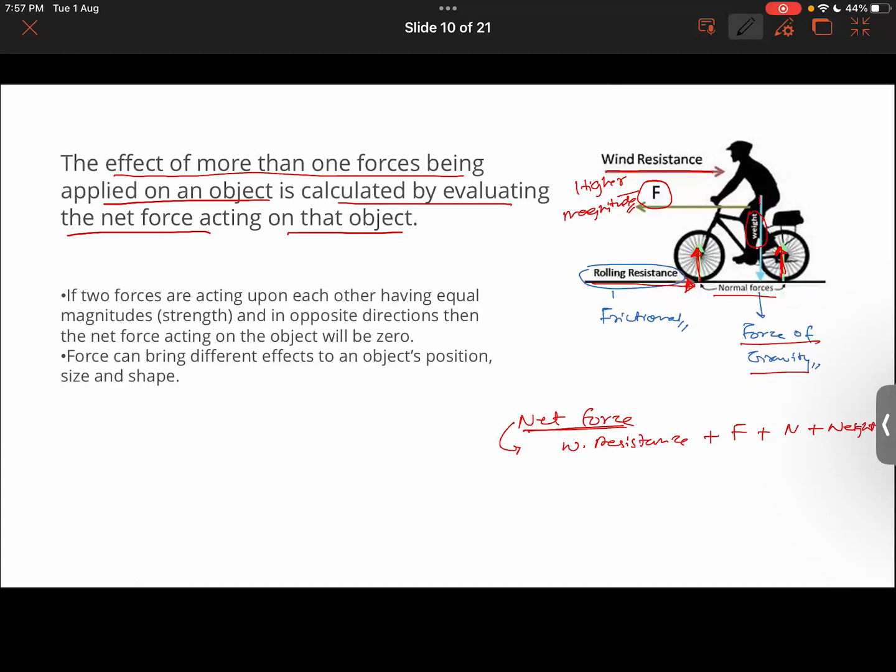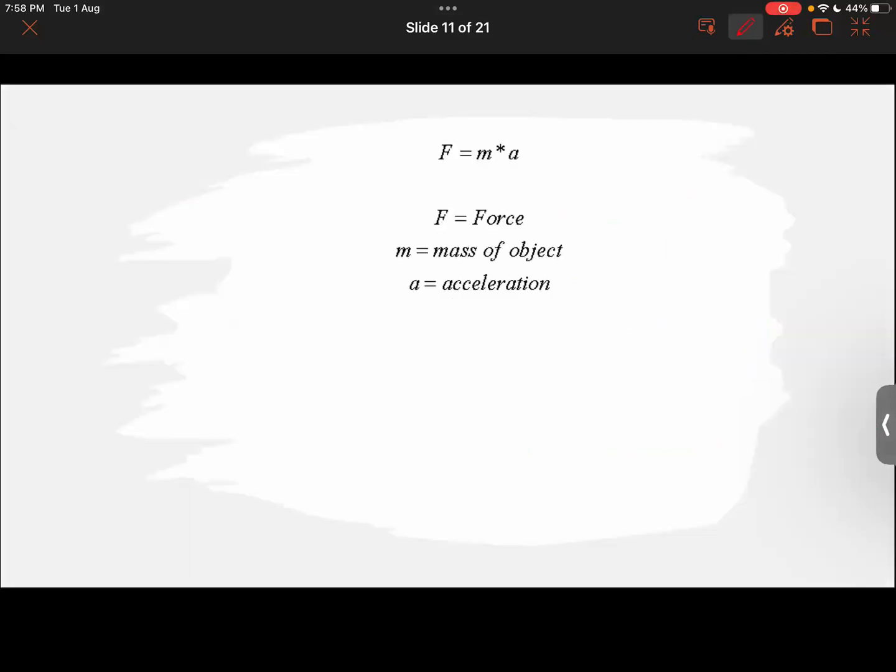Apart from this, as I told you in the beginning, force can also have different effects on an object. It can change the position, size, and shape as well. Now remember this formula, as I told you: force equals mass into acceleration, where m is the mass of the object and a is acceleration. Don't get confused between mass and weight, because both of them are two different things.